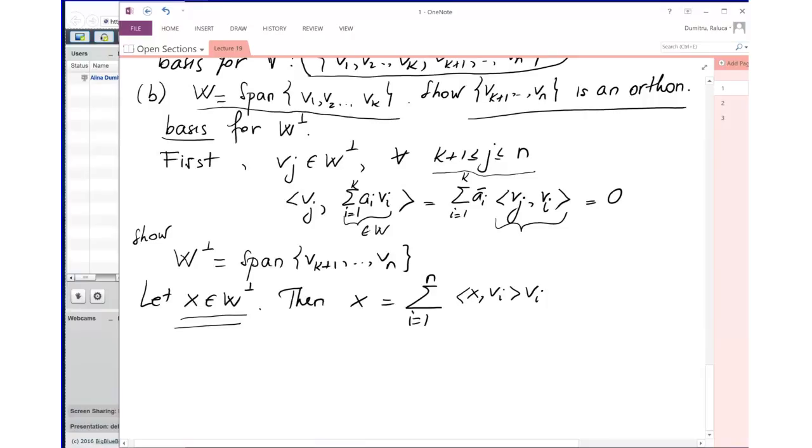So the inner product between x and v1 is 0, x and v2 is 0, x and vk is 0. So this is in fact the same as the sum from k plus 1 to n. So I'm using some coefficients and only the vectors from k plus 1 to n. But that's precisely what I need, the span of this set.